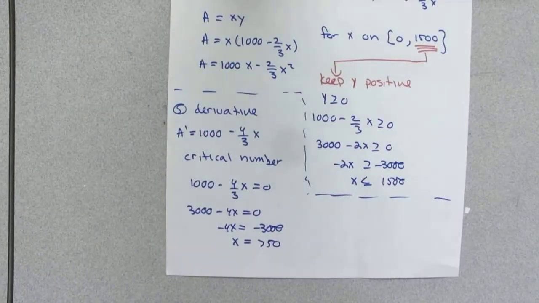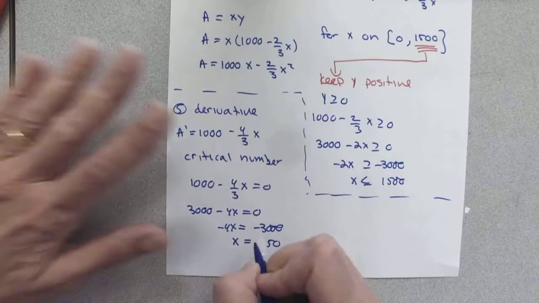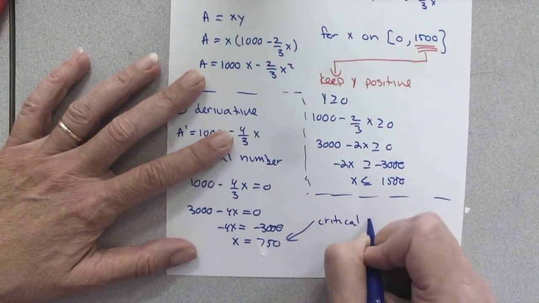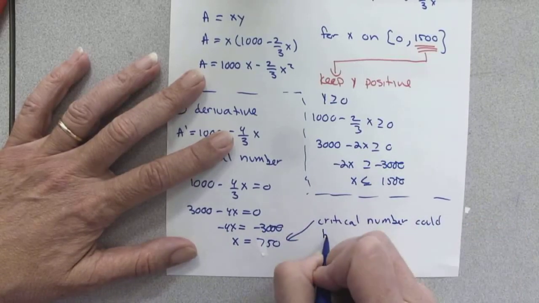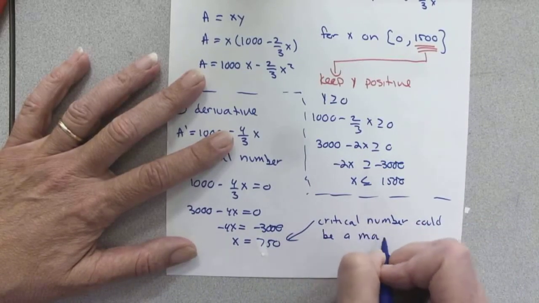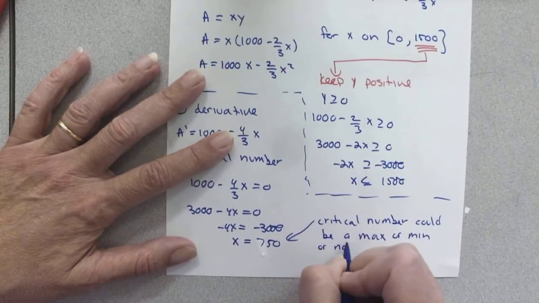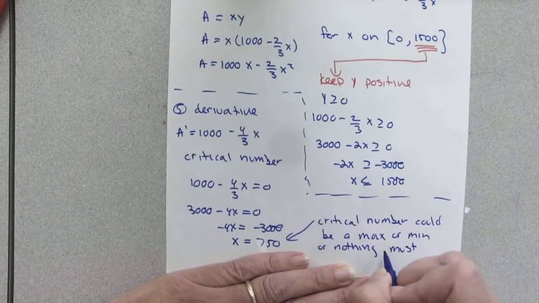And the way they write every single Calculus 1 textbook, that is going to lead to the answer. But all we know is that that's a critical number. Could be a max, or min, or nothing. Must verify.